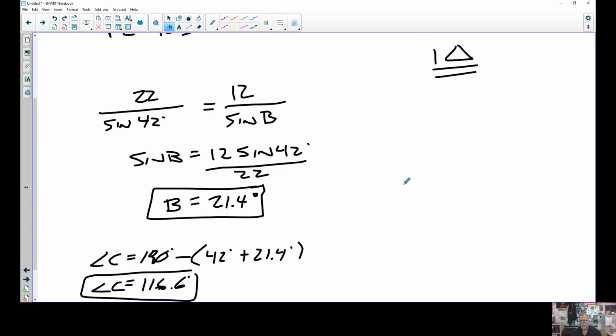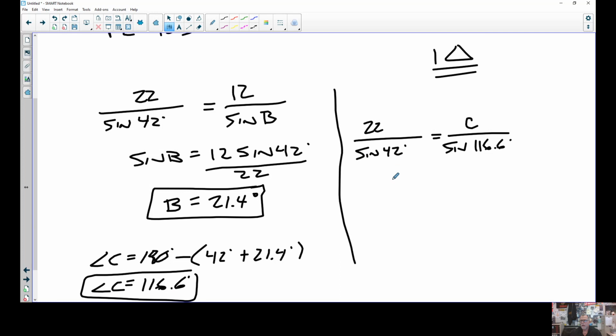Now I just need to find that last side. And I'm going to go back to what I was given, 22 over sine of 42 degrees, and set that equal to C, the length C I'm looking for, over sine of 116.6 degrees. And that means C is equal to 22 sine 116.6 degrees over sine of 42 degrees.